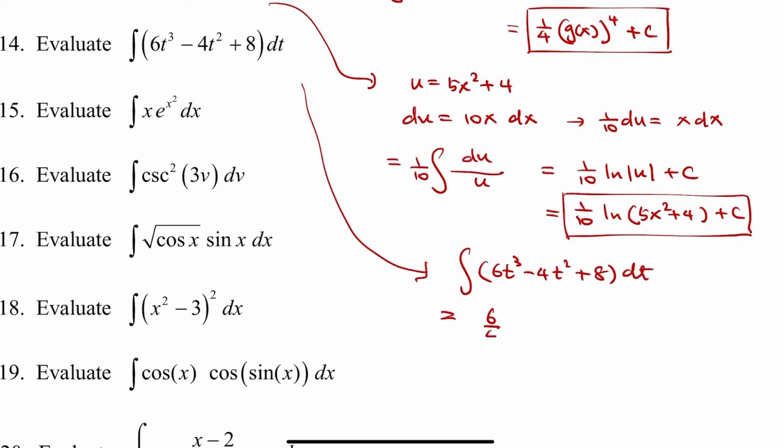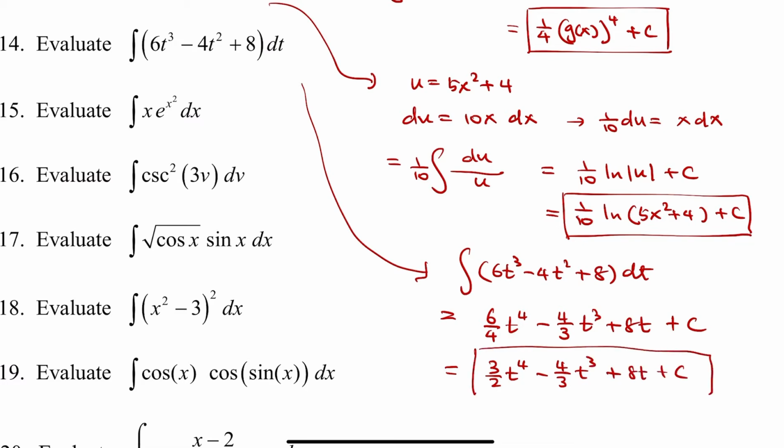So 6/4 t to the fourth power minus 4/3 t cubed plus 8t plus c. Now the last step is to simplify. So 3/2 t to the fourth minus 4/3 t cubed plus 8t plus c. That should be the final answer.